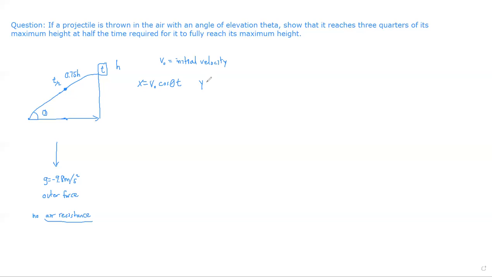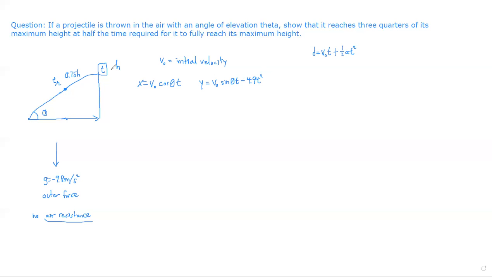The vertical case is a little different. Y is equal to v naught sine theta t minus 4.9 t squared. And let me explain this equation first of all. Usually, here's the equation that you'll probably see in physics: d equals v naught t plus 1/2 a t squared.